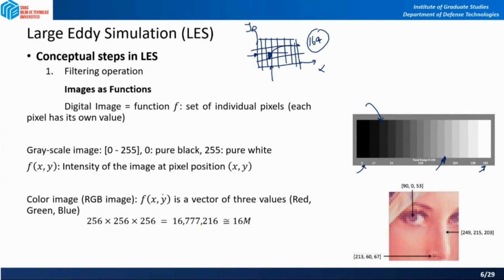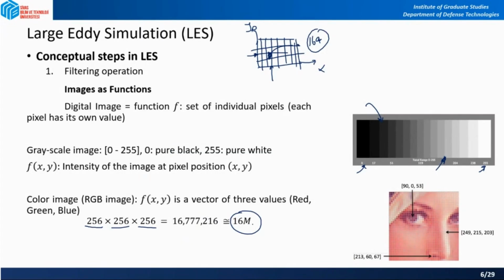And since the three colors have integer values, again from 0 to 255, which means 256 numbers, you have 256 to the power of 3, which is nearly 16 million. So this is 16 million colors for an RGB image.